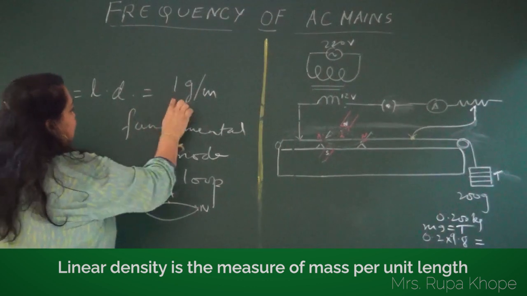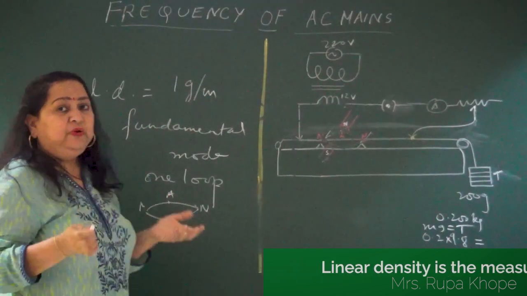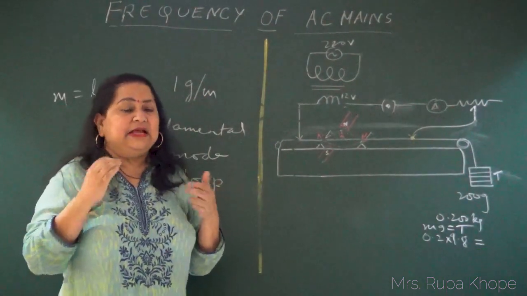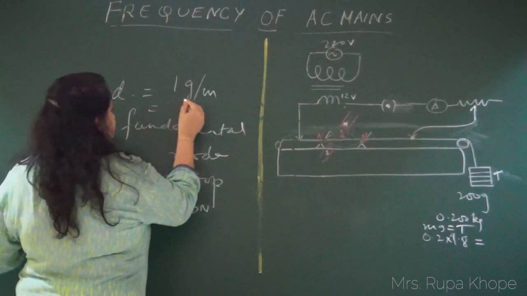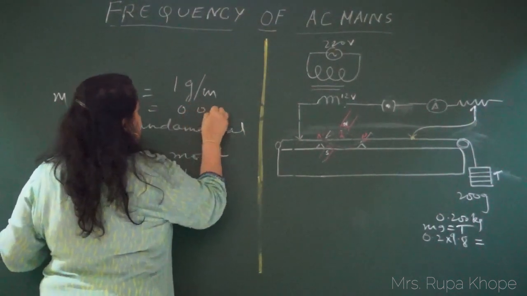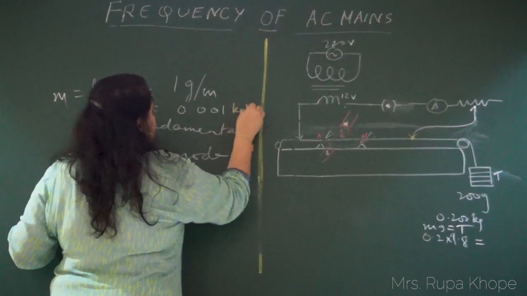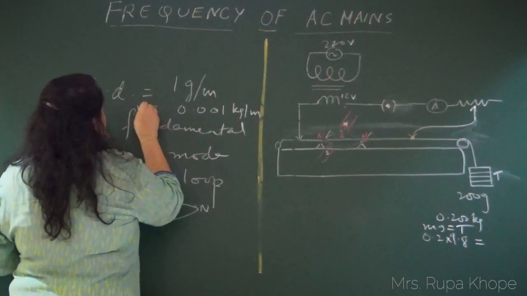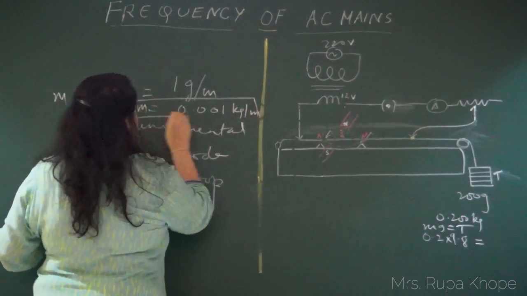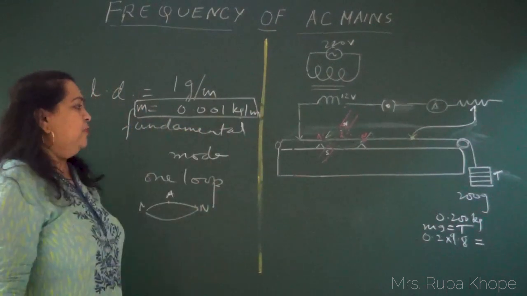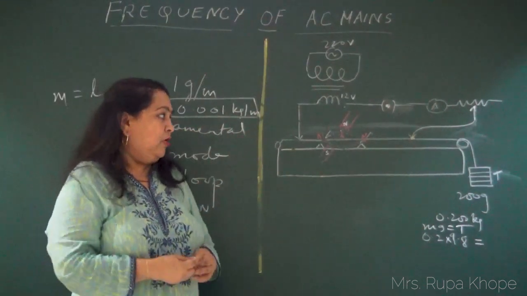So what is linear? 1 gram per meter. But what are we doing? We are finding everything in SI system. So definitely 1 gram upon 1000 is 0.001 kg per meter is the linear density. This you remember. So these are the observations we will be taking in the laboratory.